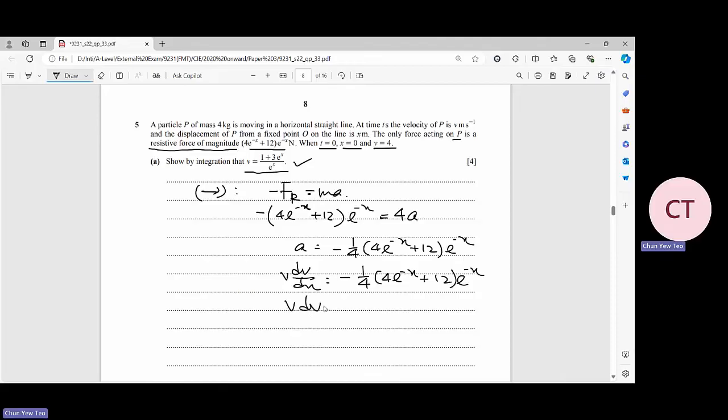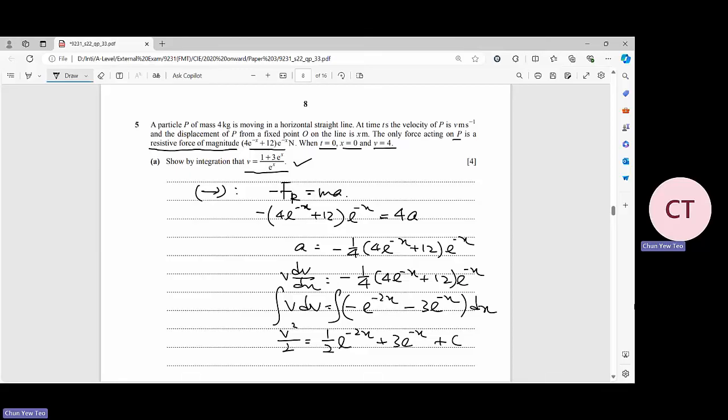So your v dv is equal to negative, we can just expand everything, negative e power negative 2x minus 3e power negative x, and then the whole thing here you put brackets and then dx. We put integration sign for both sides. So this one will be v squared over 2 equals half e power negative 2x plus 3e power negative x plus c.